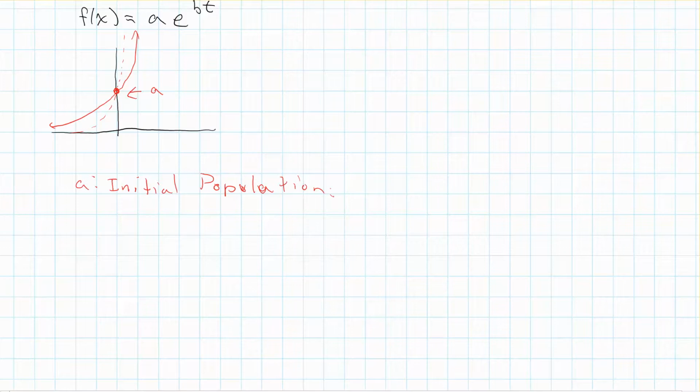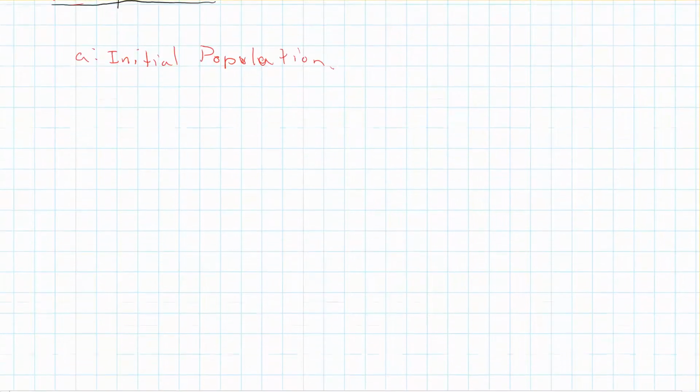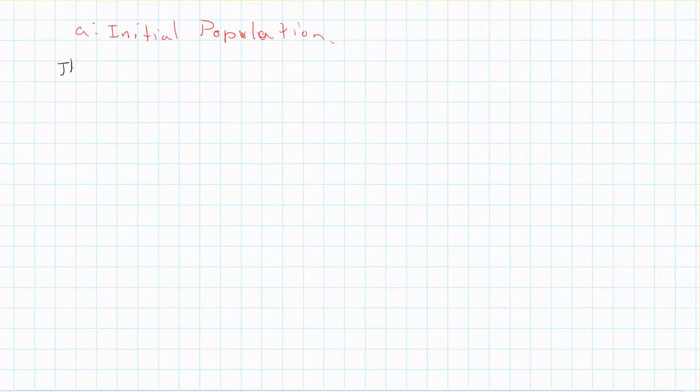So let's look at a problem here dealing with this. And we're going to look at this as dealing with bacteria growth. So what we have here is the number of bacteria is increasing exponentially.